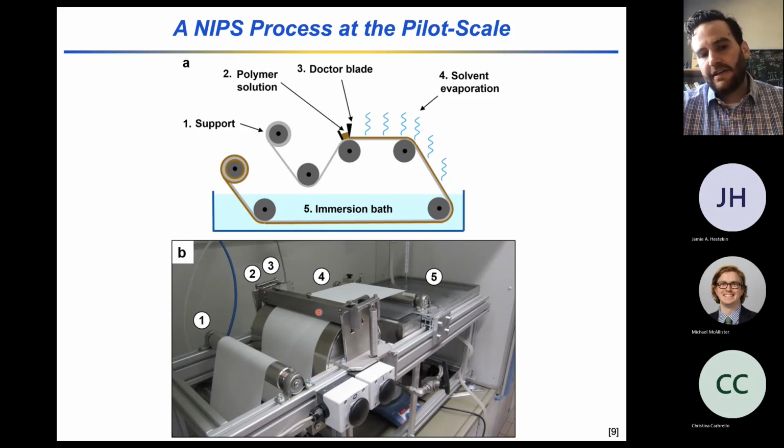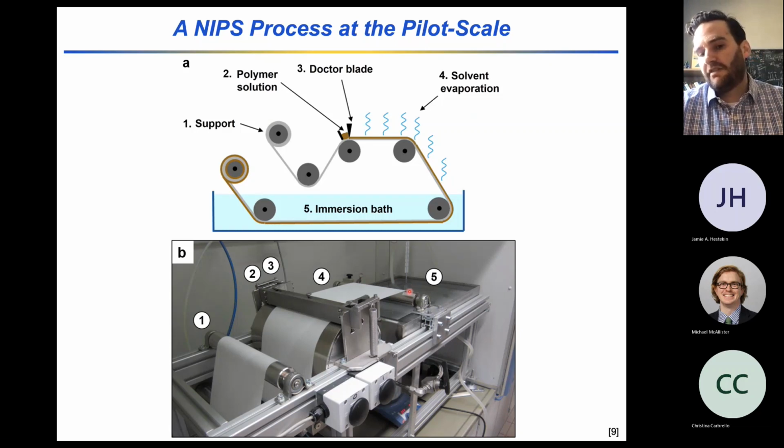Here in this image, there is a blade with casting solution on the other side. As the support rolls through this blade, a thin layer of polymer solution is being deposited on top. And in this case, there's also a solvent evaporation period. In this space here, where the film is open to the atmosphere, solvent can evaporate.